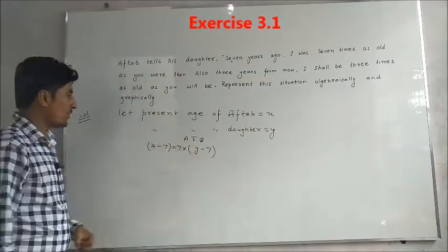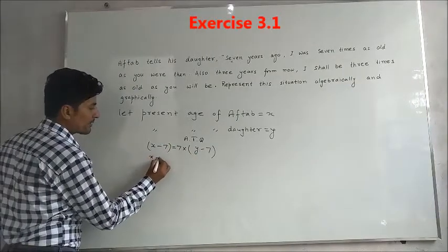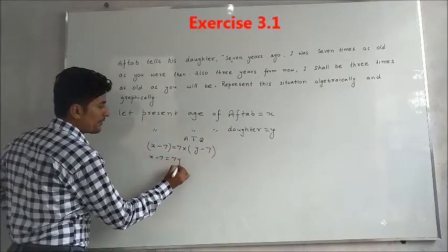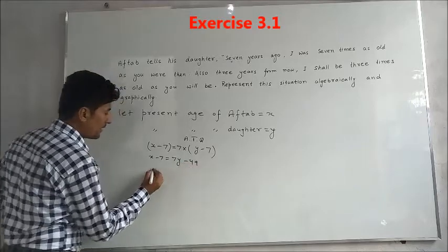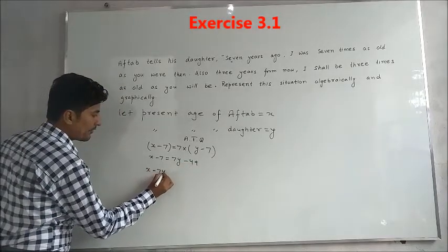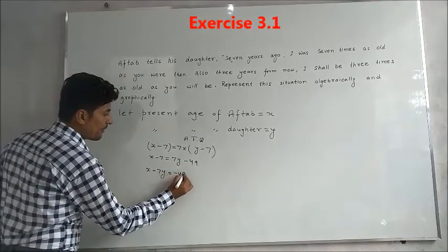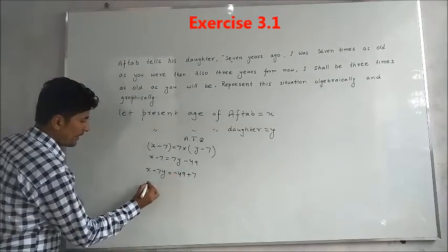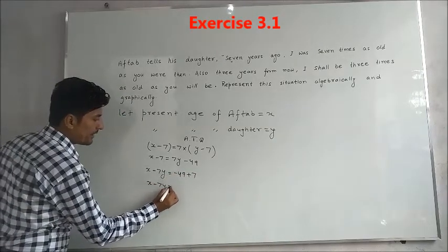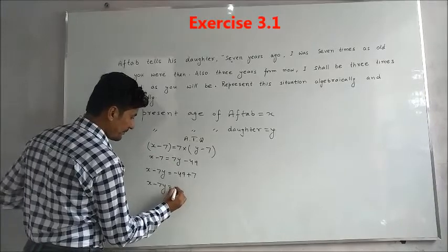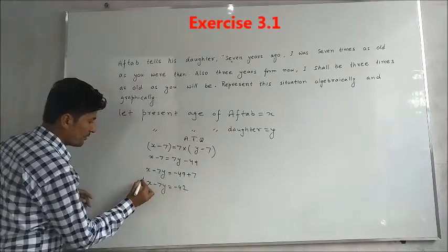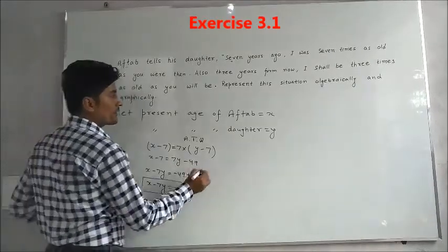Now we can solve this equation. We can write here X minus 7 equals 7y minus 49, or X minus 7y equals minus 49 plus 7. X minus 7y equals minus 42. So we got the very first equation.